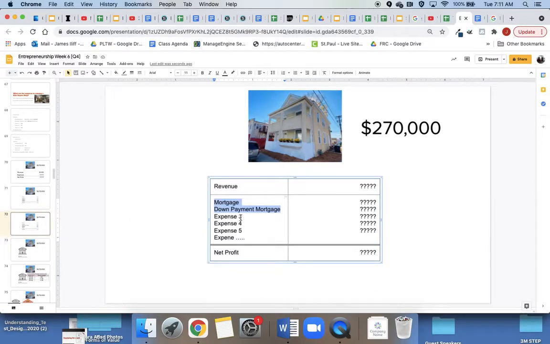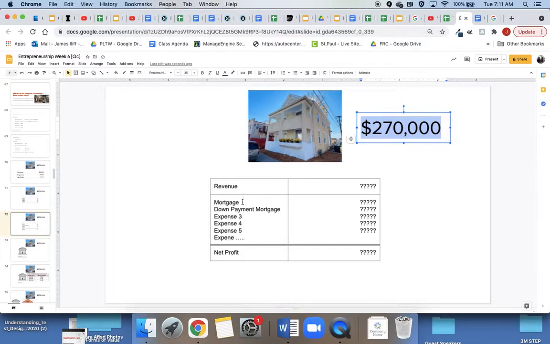So, hey guys, I'm going to go into a little discussion about how you actually really pay for a property like this. Because I understand that you do not have $270,000 in the bank to pay this person off to buy the property. So if you don't have $270,000, how do you get that money to buy the property?